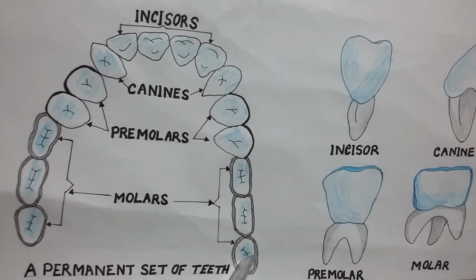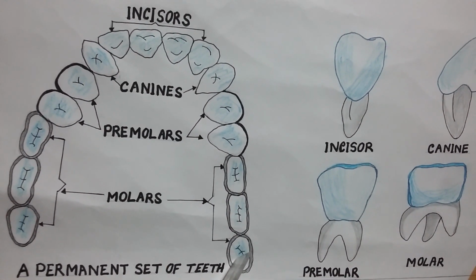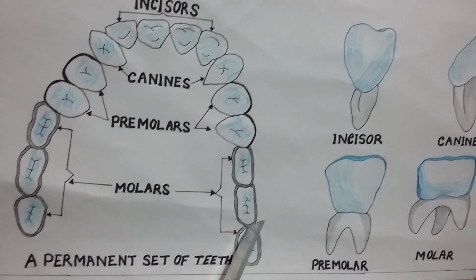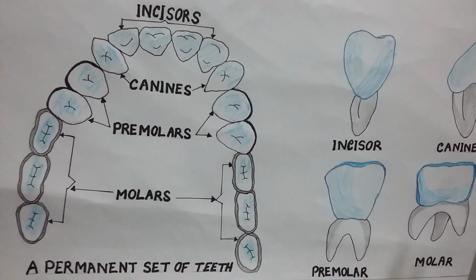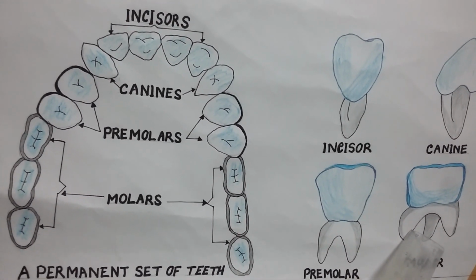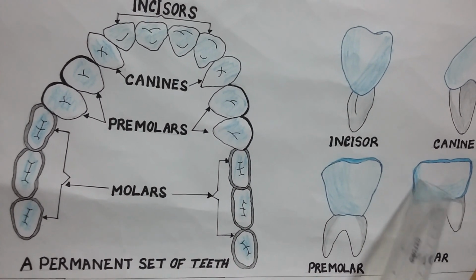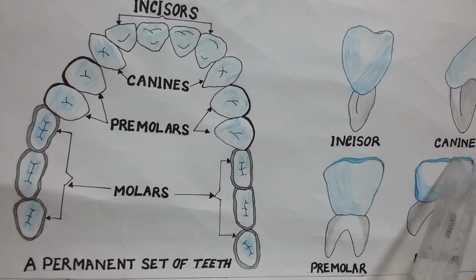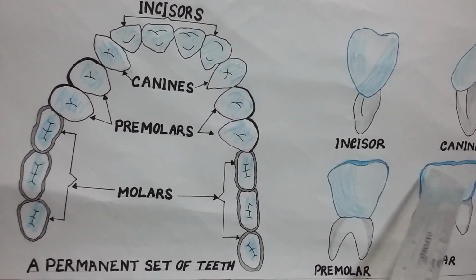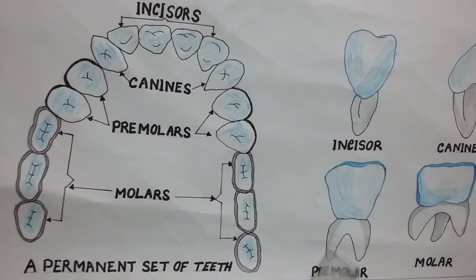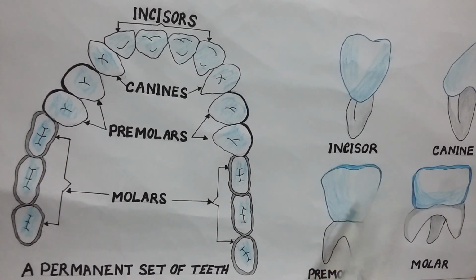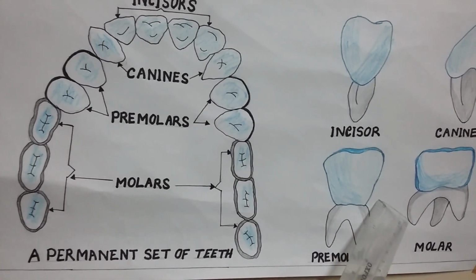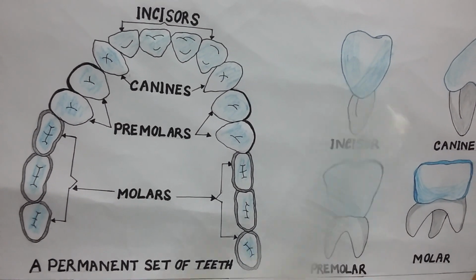These teeth also have a broad and flat grinding surface. Here you can see it has a broad and flat grinding surface. They are larger than the premolars, and these teeth are also used to crush and grind the food.